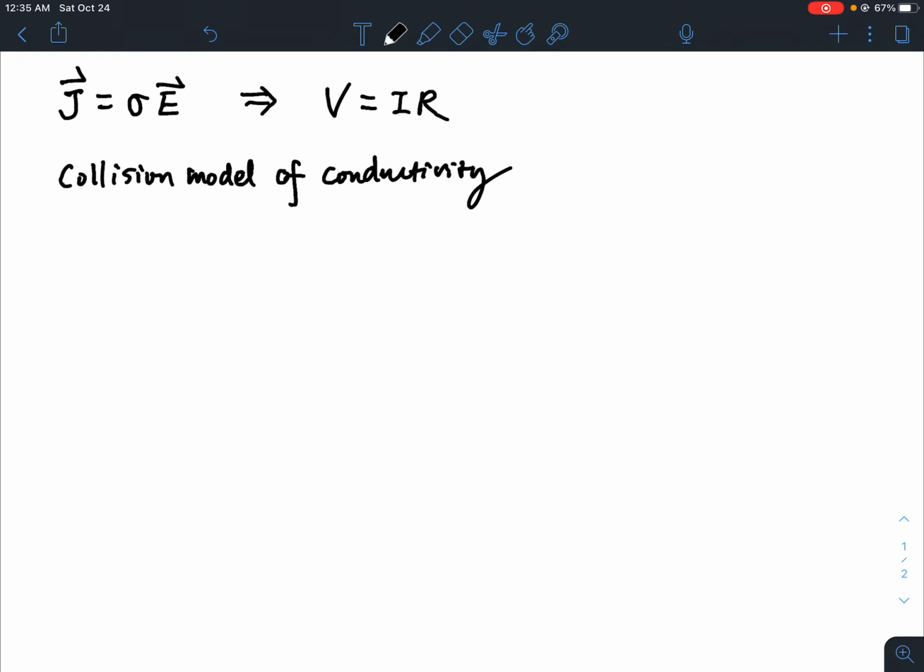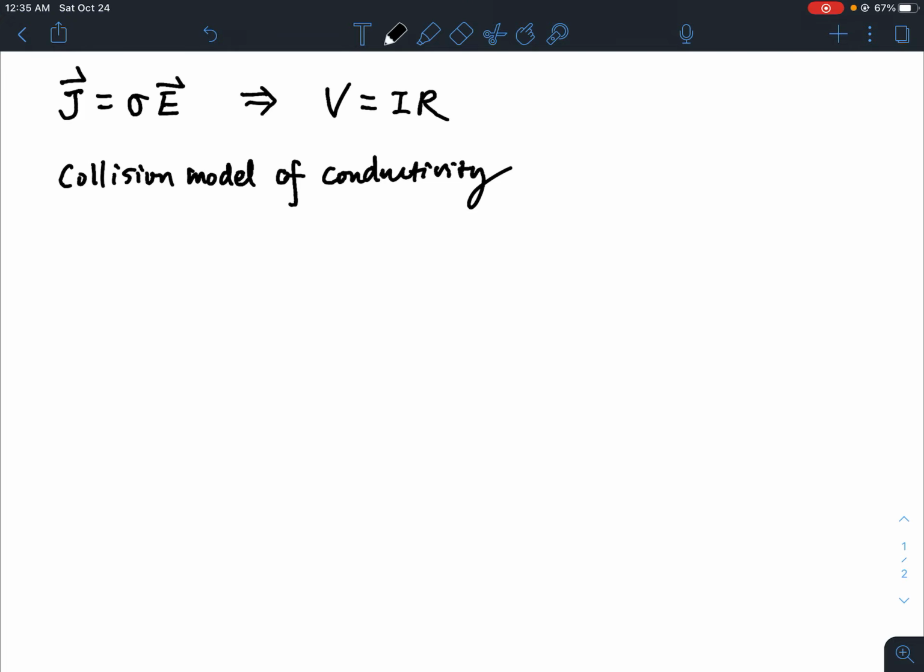Let us consider electrons traveling through a wire. There are many atoms inside the wire, so while electrons travel in the electric field, they also collide with the atoms very often.